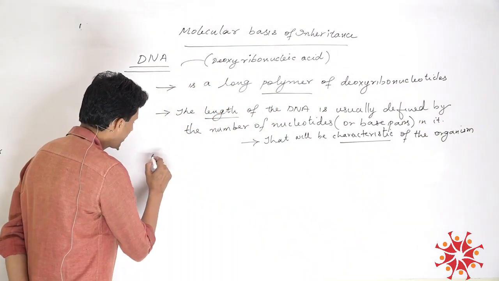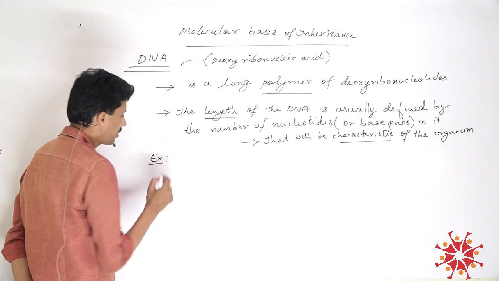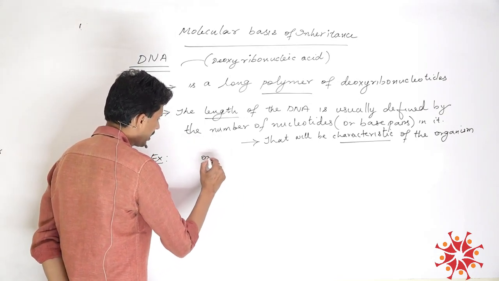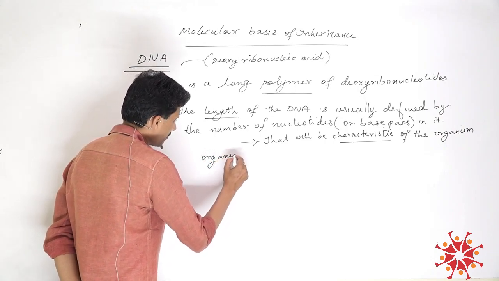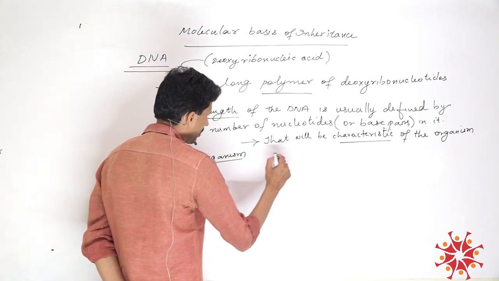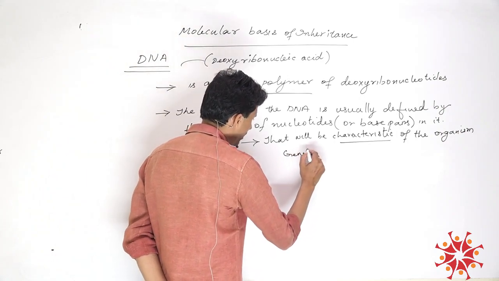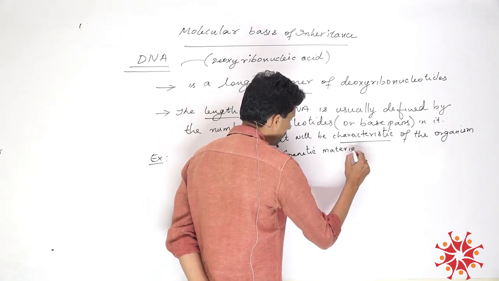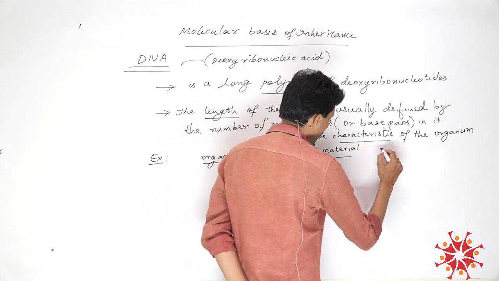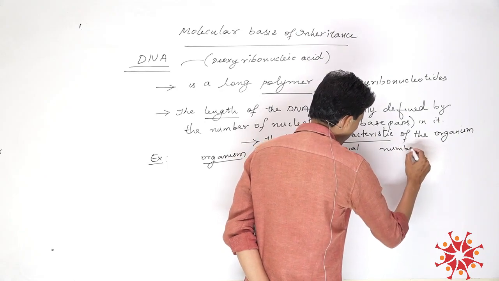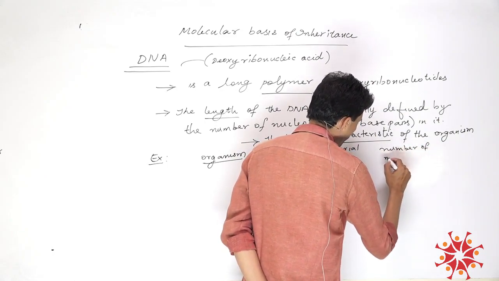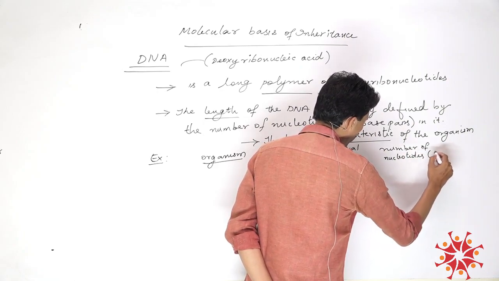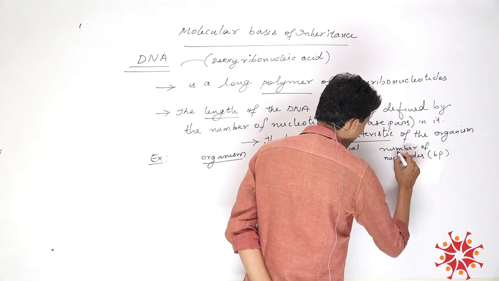Now we shall see certain examples of that length of DNA. If you see the length of DNA here, organism, then what will be its genetic material? And here we shall see the number of nucleotides or base pairs present in it.